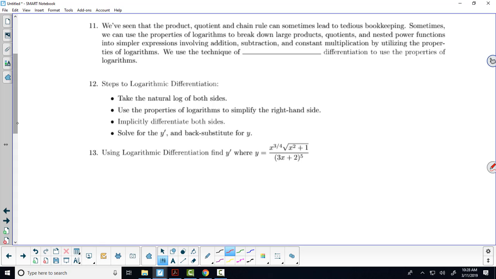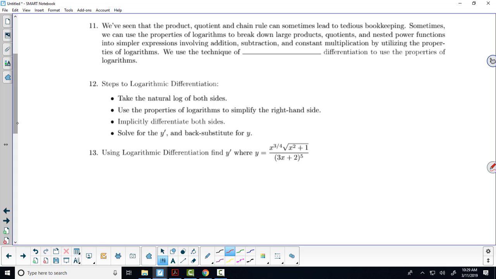Number 11. Product, quotient, and chain rule can sometimes lead to some tedious bookkeeping. True? Yes. Whenever we can, it's nice to avoid them. Sometimes we can use the properties of logarithms to break down an extremely complicated expression into a bunch of terms involving logarithms.